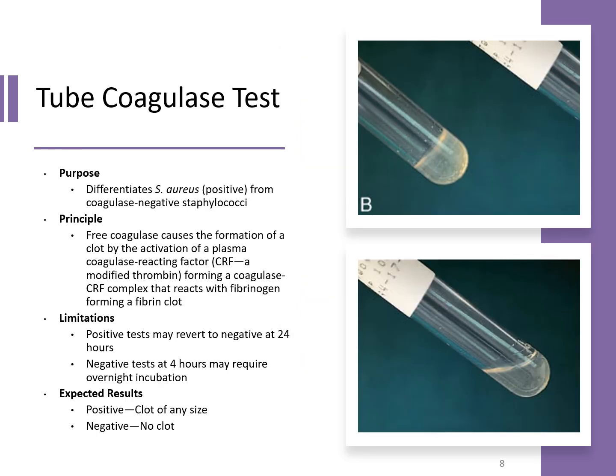If the coagulase test is performed in a tube, then a clot would be positive. So you can see at the top where you actually have a gel type clot. Sometimes they may be a little bit smaller, so you would have to rotate that tube to see it. And then at the bottom there is no clot formation, so that will be considered negative.